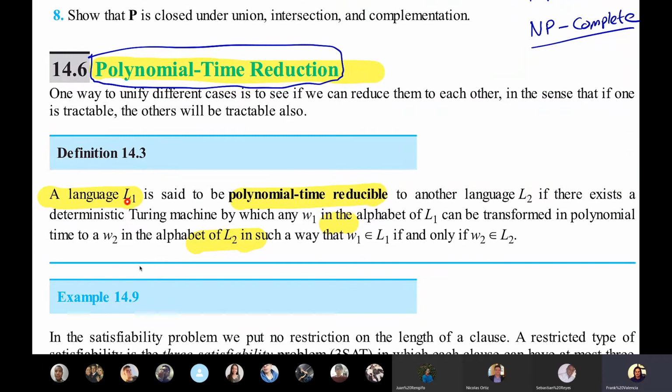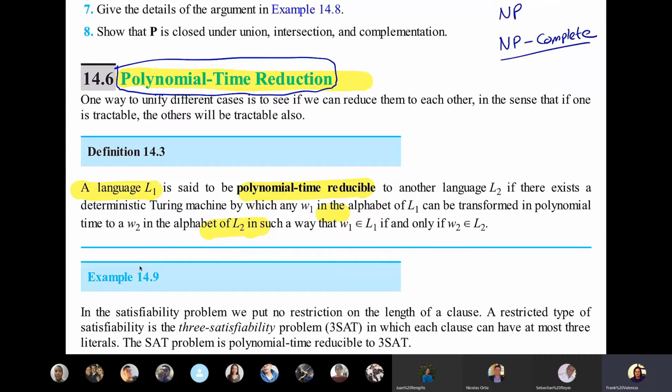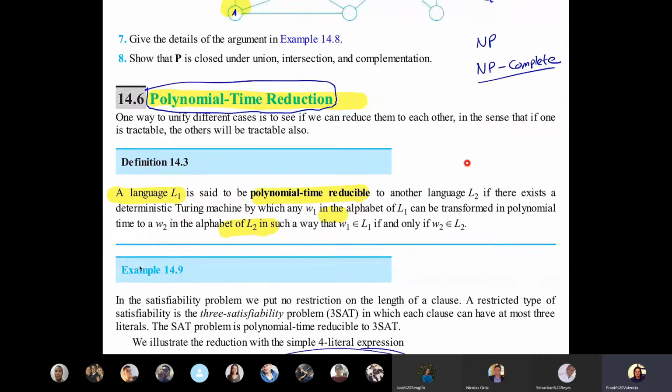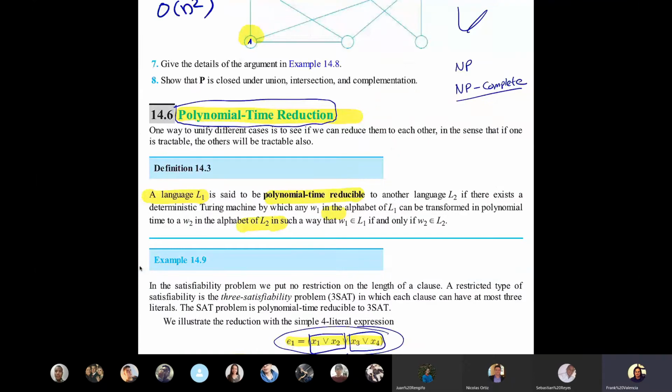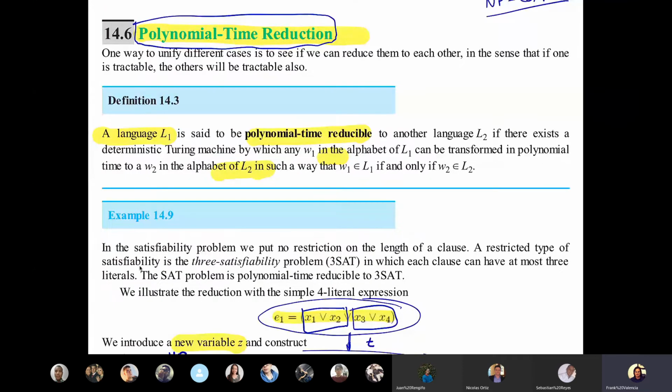So a language, remember the languages are the problems here. A language L1 is said to be polynomial time reducible to another language L2 if you have an algorithm or a deterministic Turing machine such that for every W1 in the alphabet of L1, you can transform it in polynomial time to a W2 in the alphabet of L2 in such a way that this property is met.